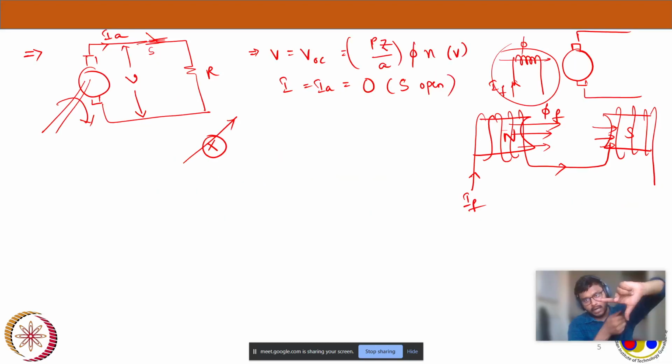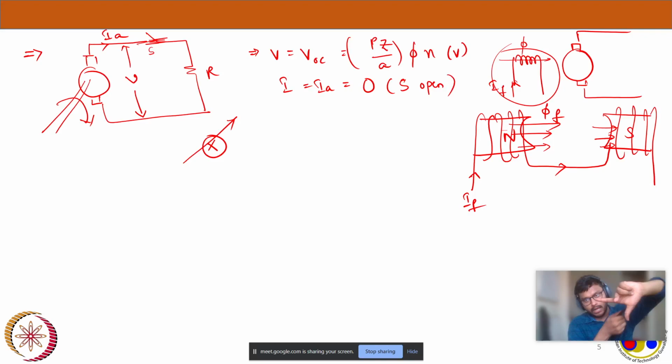It is towards the bottom. It means that you are having this kind of motion. My electromagnetic torque generated will be downwards. Now this is my current into the paper, and this is my field direction.